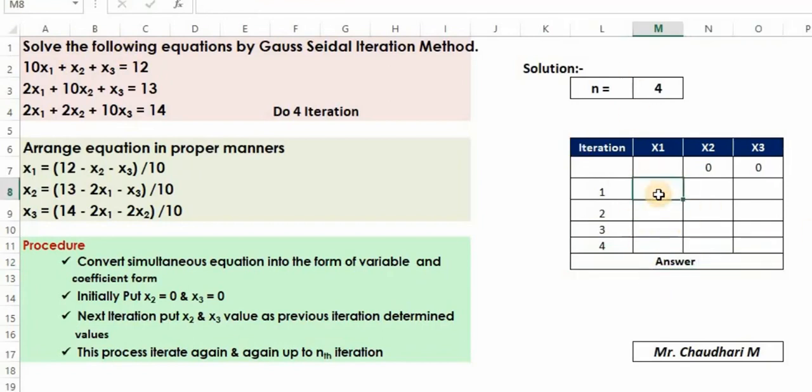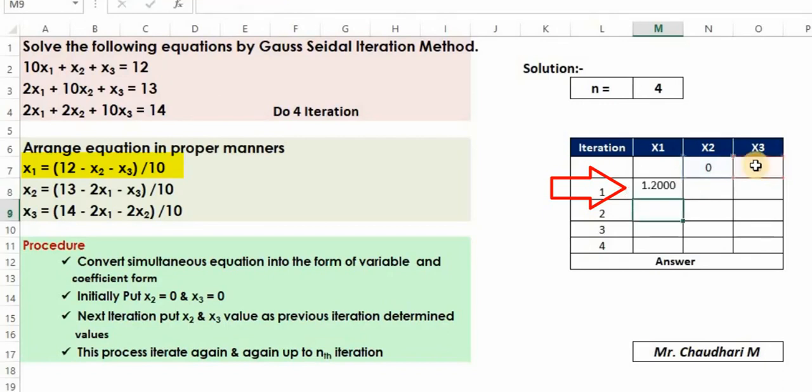Now what is x1? For x1 we write the equation as it is: x1 is equal to, in brackets, 12 minus x2 minus x3, bracket complete, divided by 10.